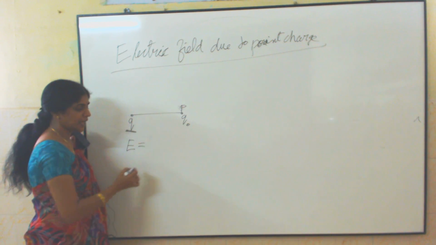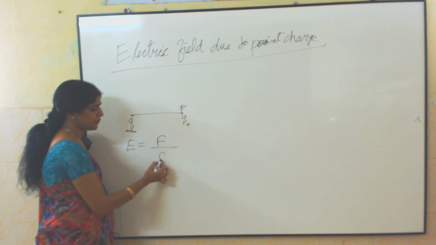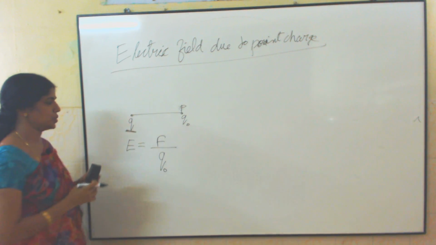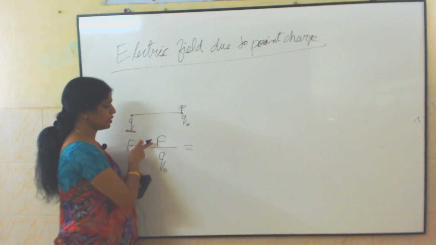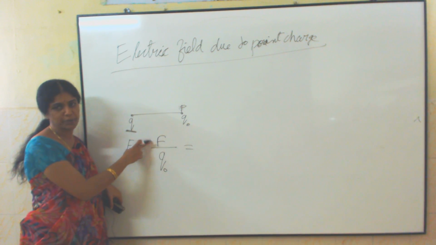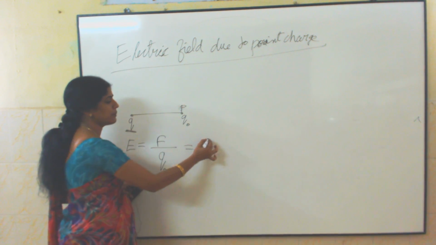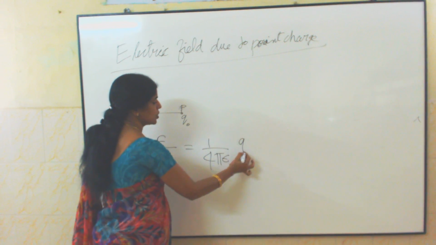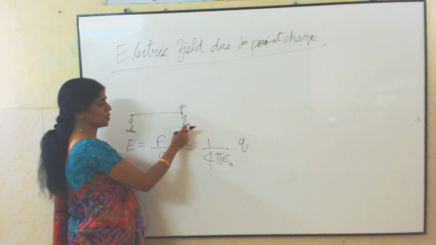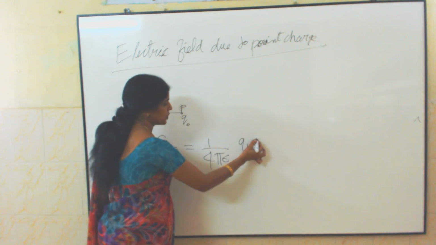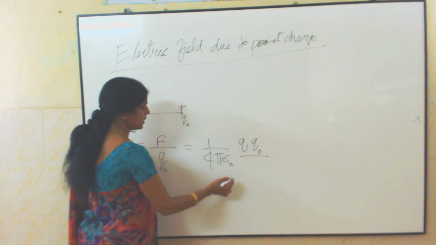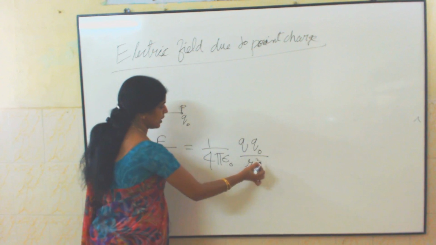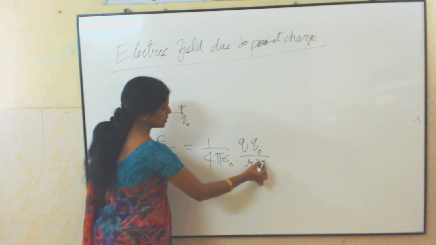We know by formula E equal to F by Q naught, because it is the force experienced by a unit positive charge. By Coulomb's law, we know what is the force of attraction or repulsion between these two charges. It is given by 1 by 4 pi epsilon naught Q1 Q2 by R square. Here Q1 Q2 are your Q and Q naught. Let R be the distance between the two charges, and here I have Q naught.